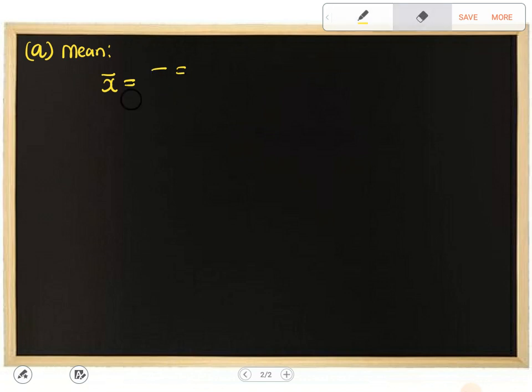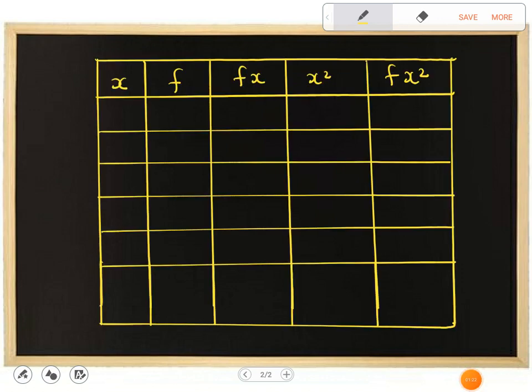So let us transform this one in form of a table. Let me draw the table first. This is the table which we are going to make, and let's now start plugging in what we have.